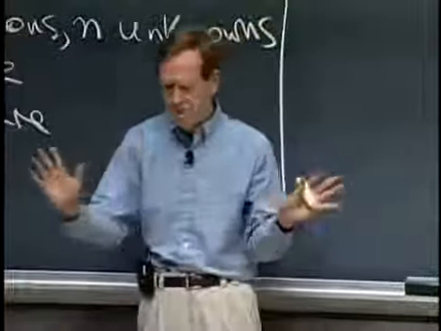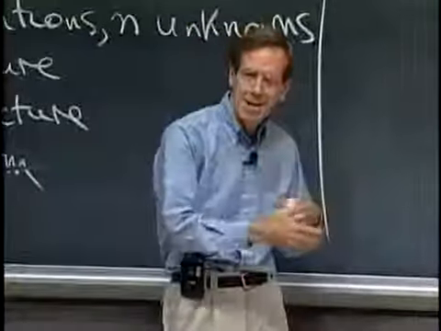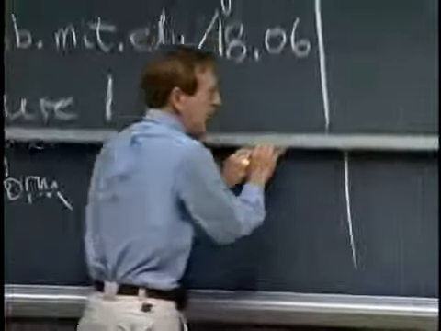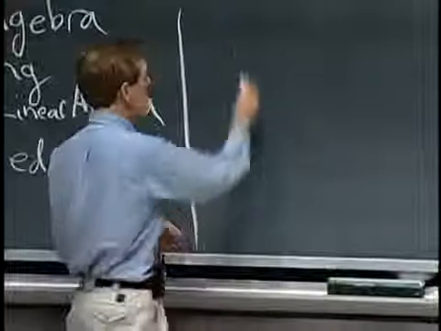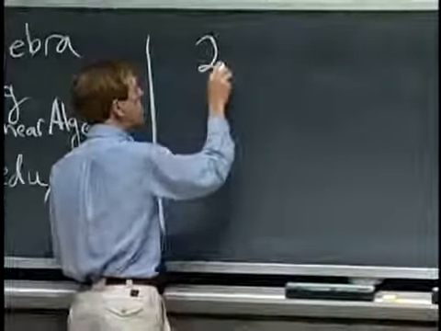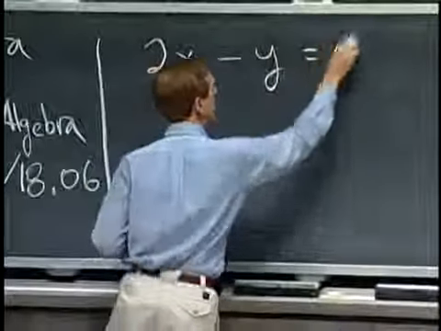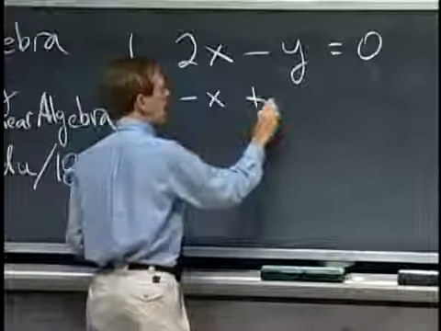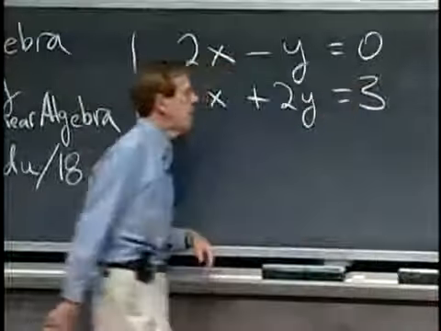Okay, so can I do an example? The whole semester will be examples, and then see what's going on with the example. So, take an example. 2 equations, 2 unknowns. So let me take 2x minus y equals 0, let's say, and minus x plus, say, 2y equals 3. Okay.